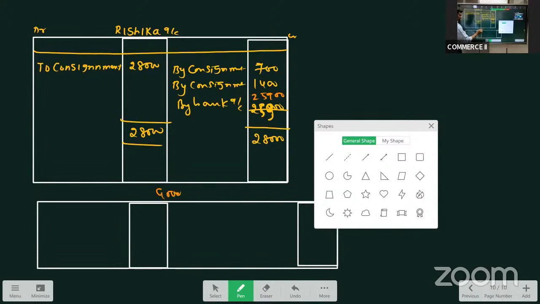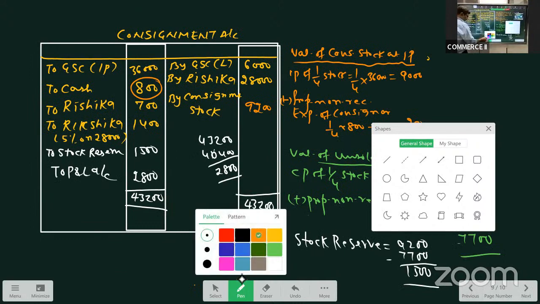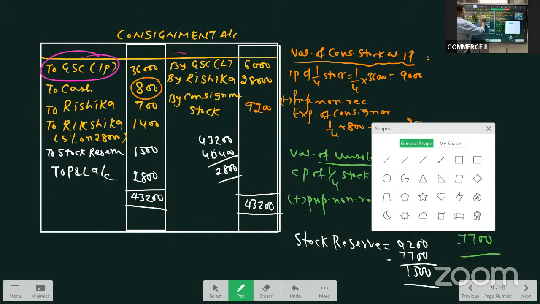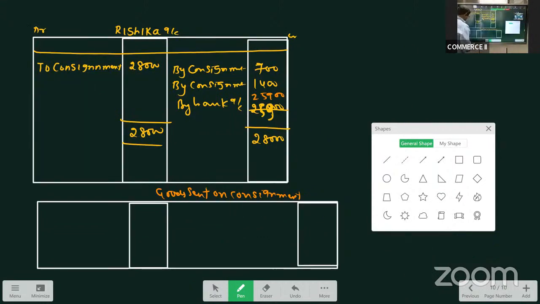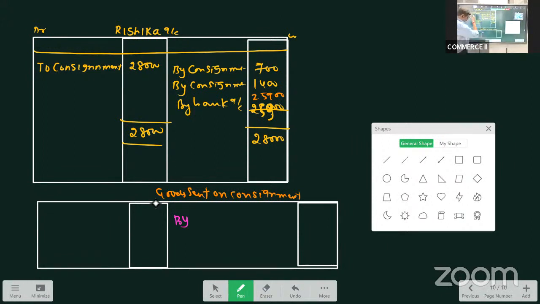This is our goods sent on consignment account. Go through consignment account. Here you see we are having GST both on the debit side and credit side. So it will have contra effect. By consignment, I will take the cost.